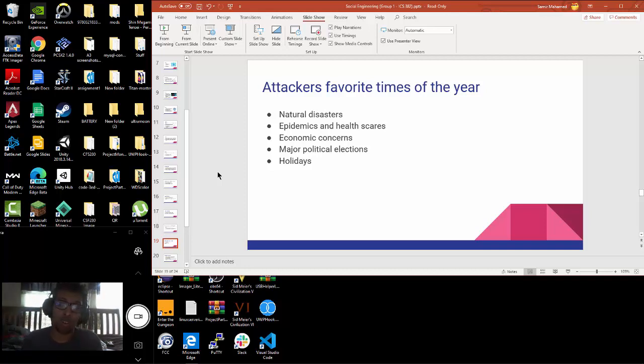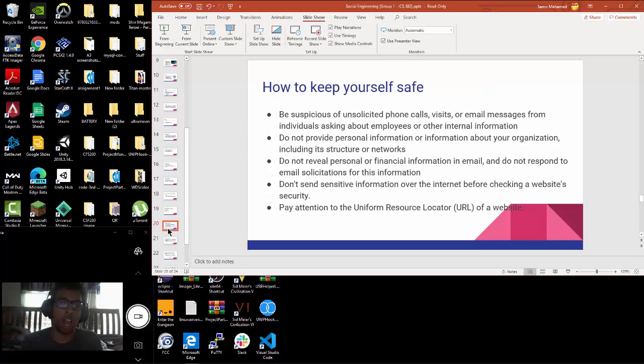It's usually when bad things are happening, or when there's high traffic, and people have their guard down, and there are economic issues happening. To keep yourself safe, be suspicious of unsolicited phone calls, visits, and email messages from individuals asking for account information or about other employees.